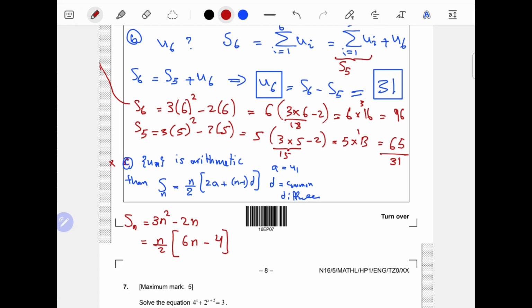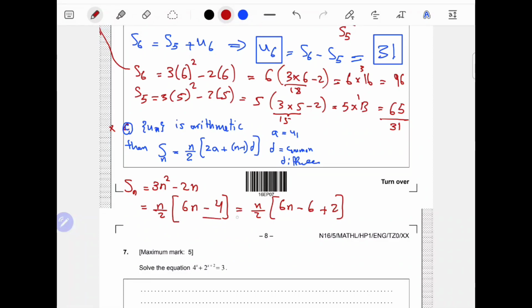All right, so we can do some rearrangement. This would be n over 2, and then we will have 6n minus 6 plus 2.